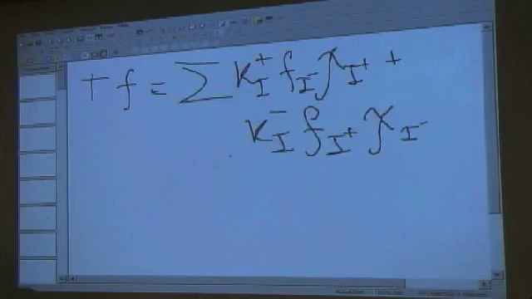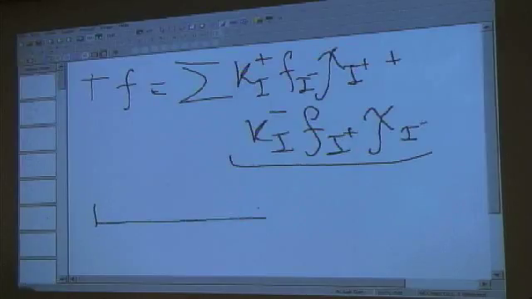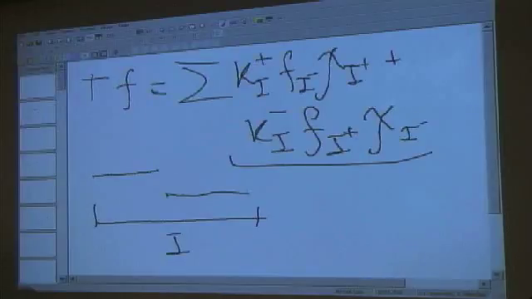If you look at this, on the interval I, it's some coefficient times the characteristic function of the left side, plus some other coefficient times the characteristic function of the right side, right?